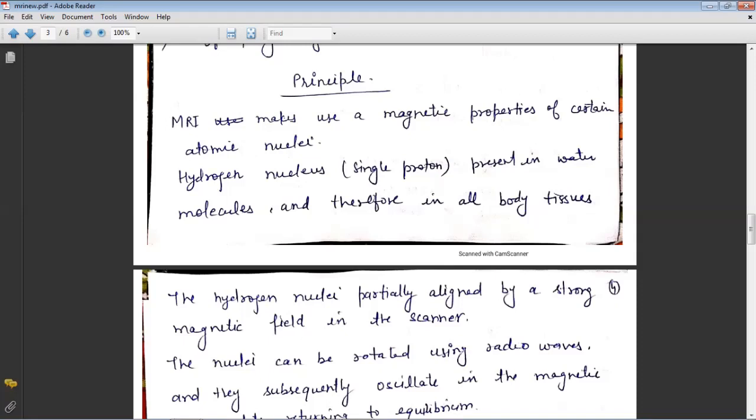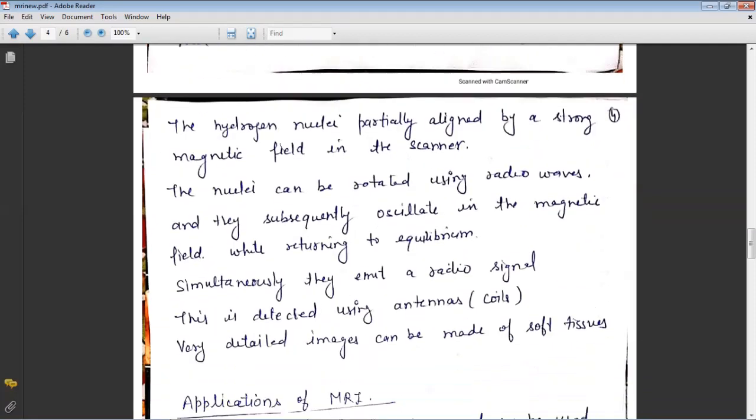So MRI makes use of the magnetic property of certain atomic nuclei. The hydrogen nucleus, a single proton, is present in water molecules and therefore in all body tissues. The hydrogen nuclei partially align in a strong magnetic field in the scanner, and the scanner is the first component of the MRI. The nuclei can be rotated using radio waves, and they subsequently oscillate in the magnetic field while returning to equilibrium.